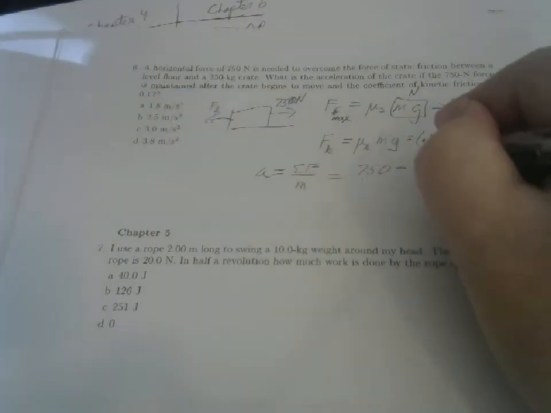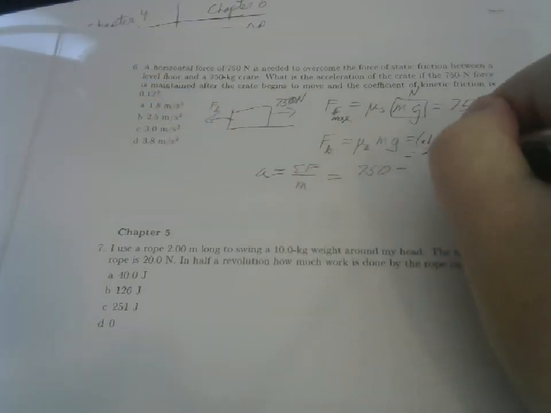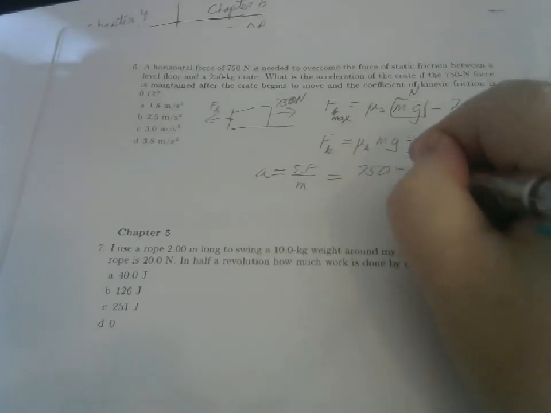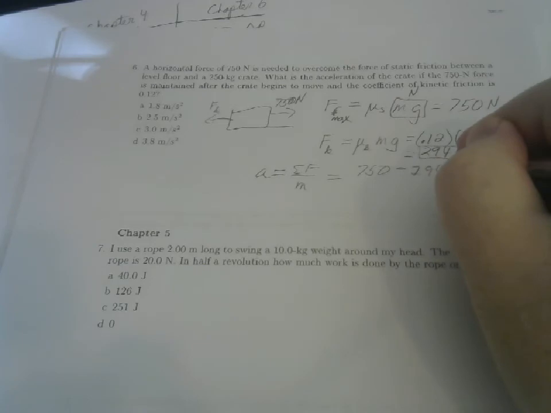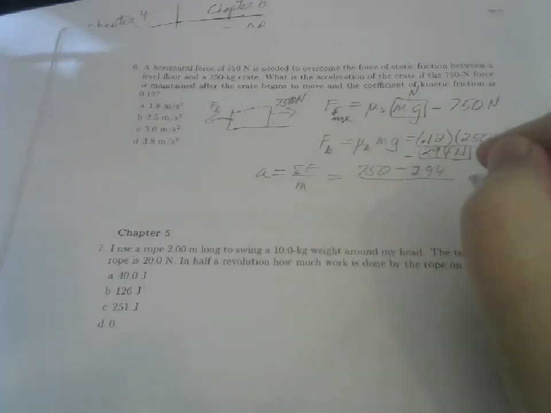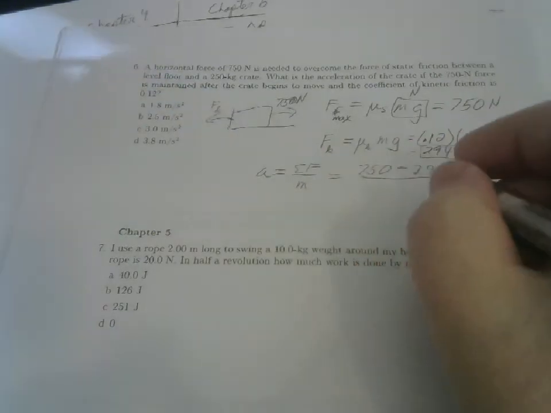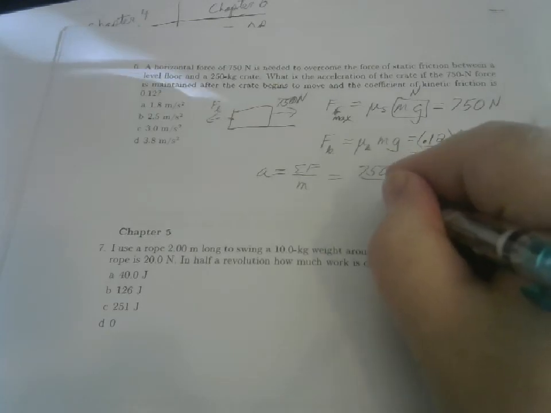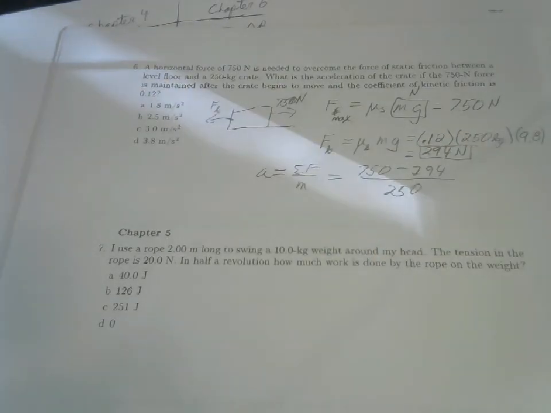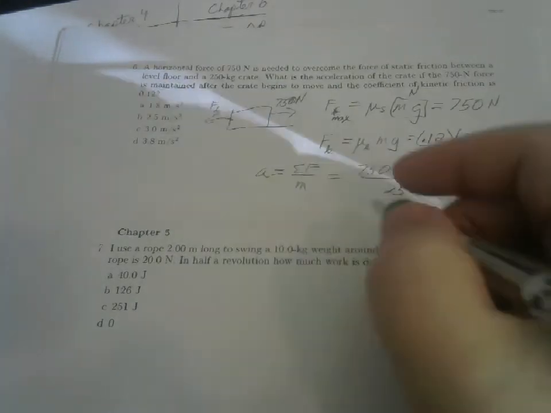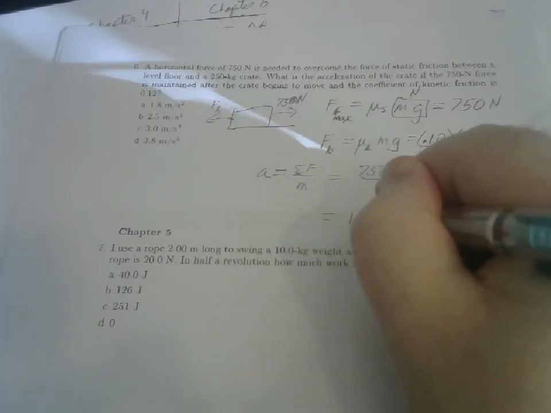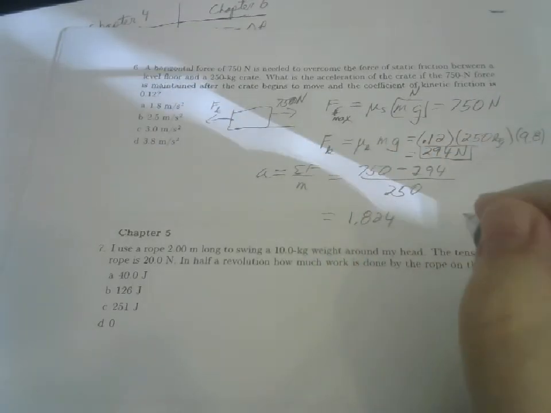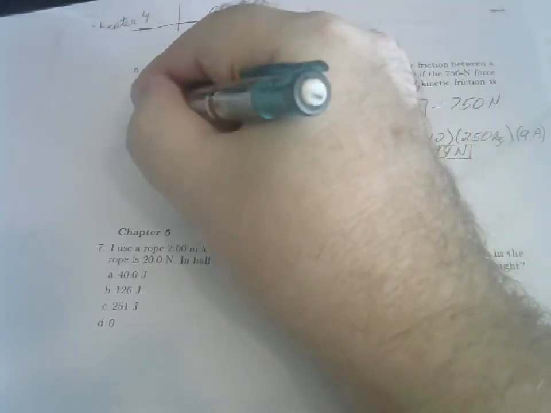This is going to be 294 newtons right here, the force of kinetic friction. 750 minus 294 divided by a mass of 250. And that comes out to be 1.824, which rounds to 1.8 meters per second squared.